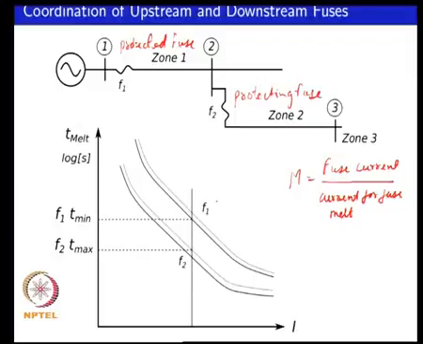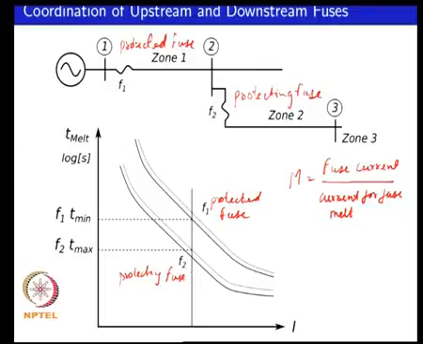So, the protected fuse would typically have a larger I square T, and what you want to ensure is, if you take a typical component, you would have tolerance, you would have the minimum melt time and a maximum melt time.